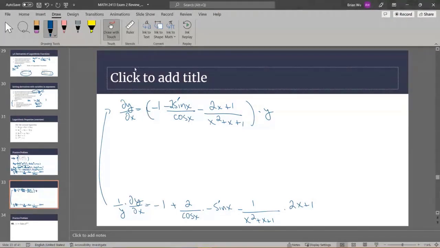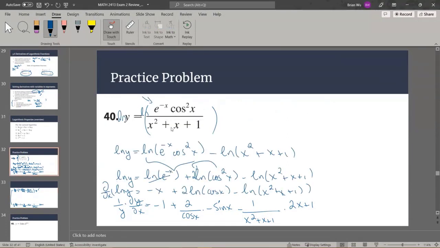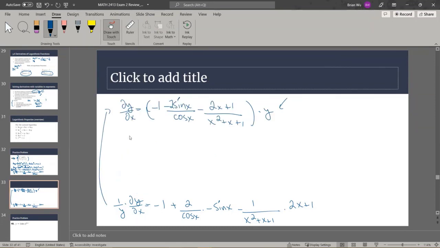And in this case, if you want the explicit solution, which in most cases you will, you're going to have to replace this y with the original y, right? So we know the original y, in this case, was this whole thing. So in order to finalize our answer, we're just going to repeat what we had, and then we're going to multiply everything by our y, which is the original function that we got.